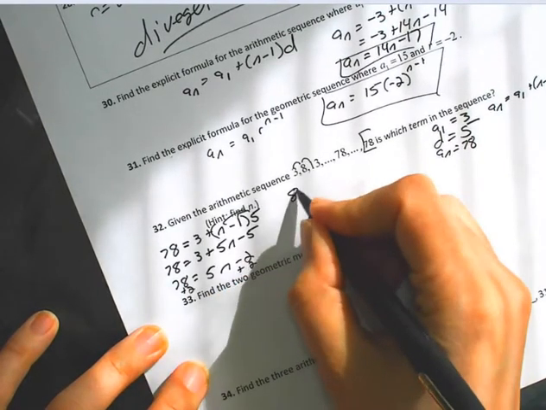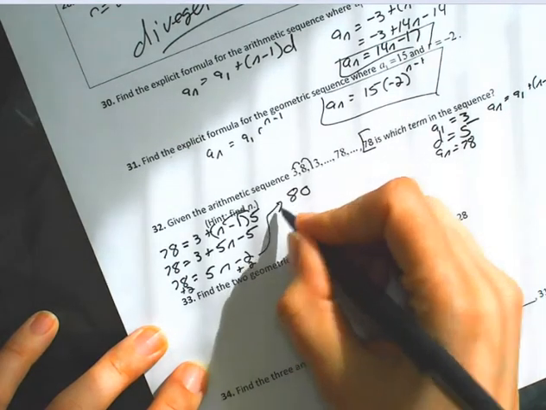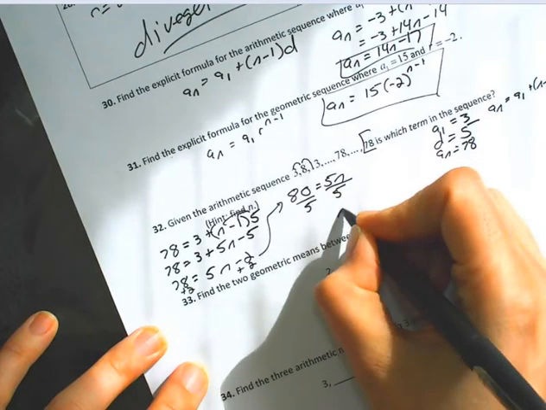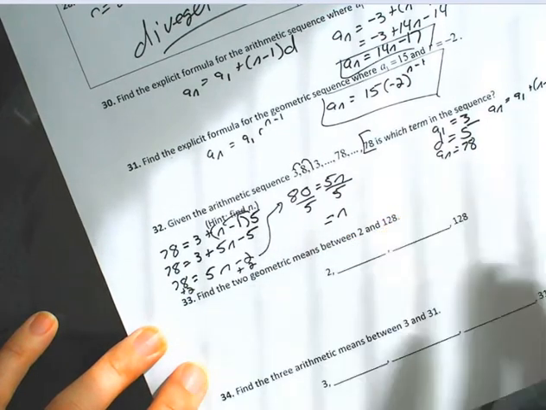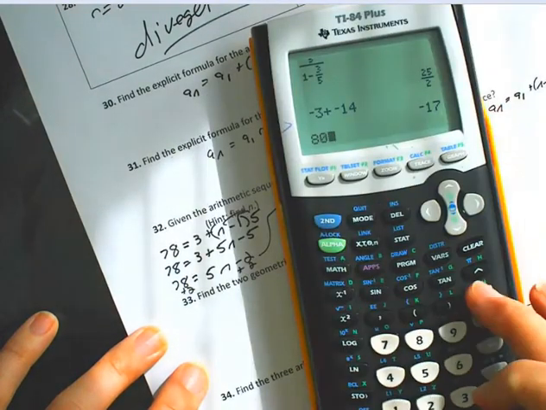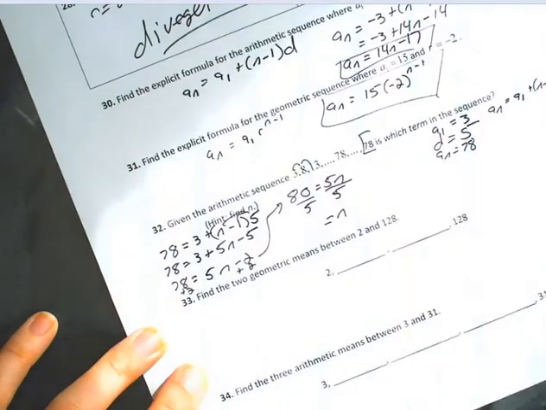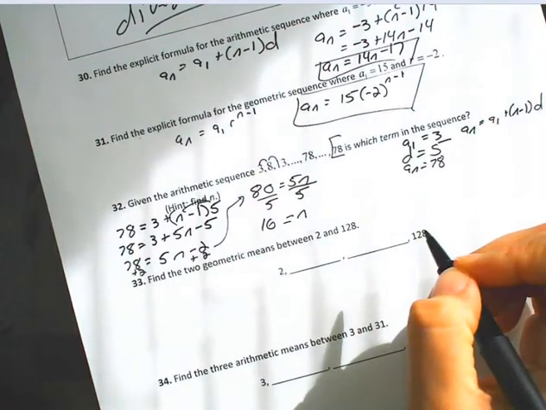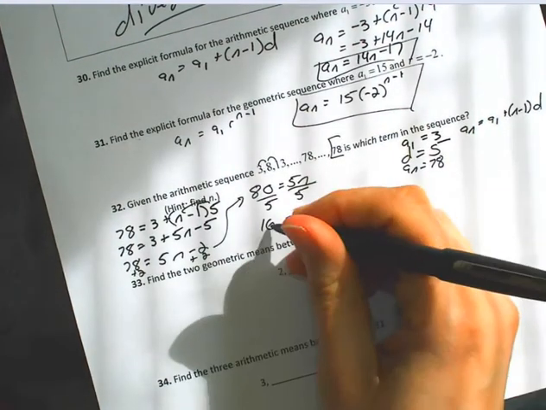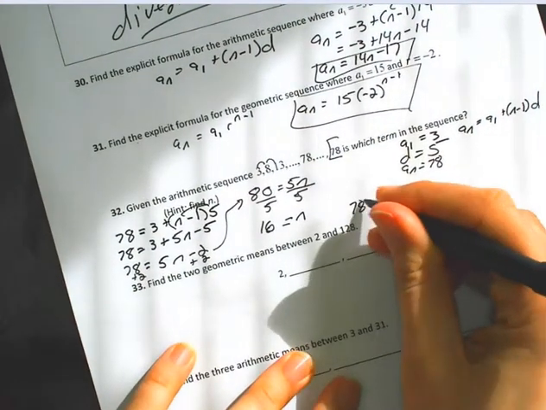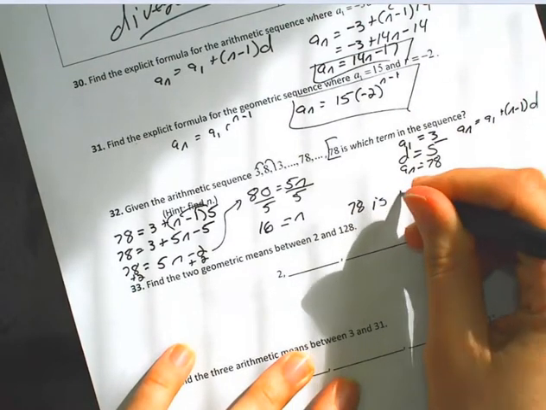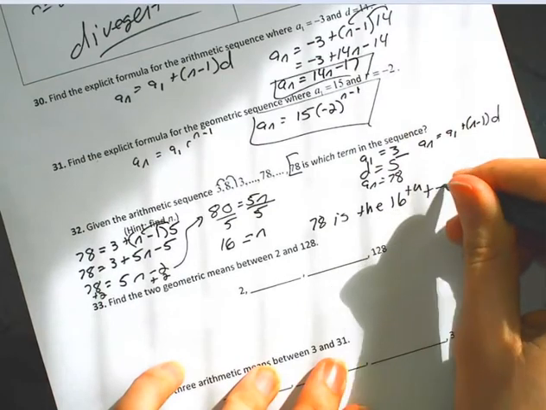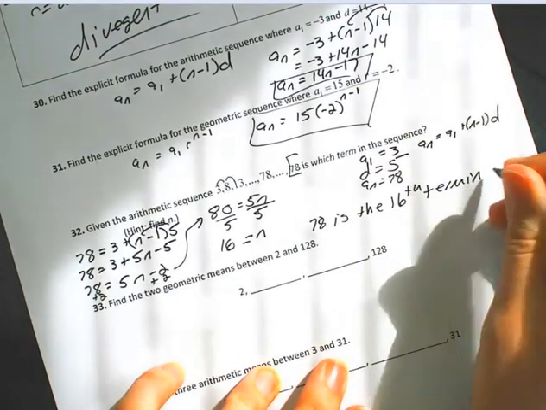So that's 80 equals 5n, divided by 5. n equals 16. So 78 is the 16th term in this sequence.